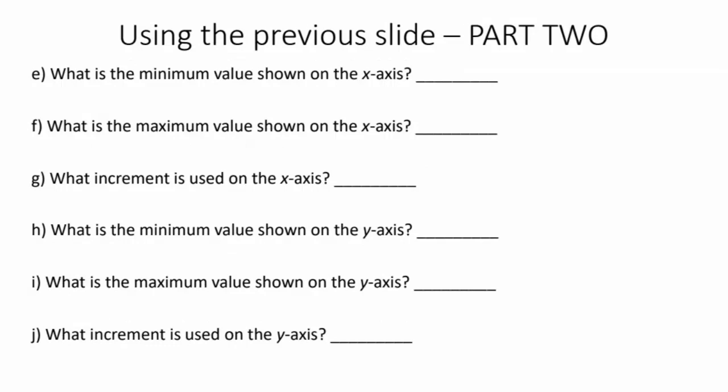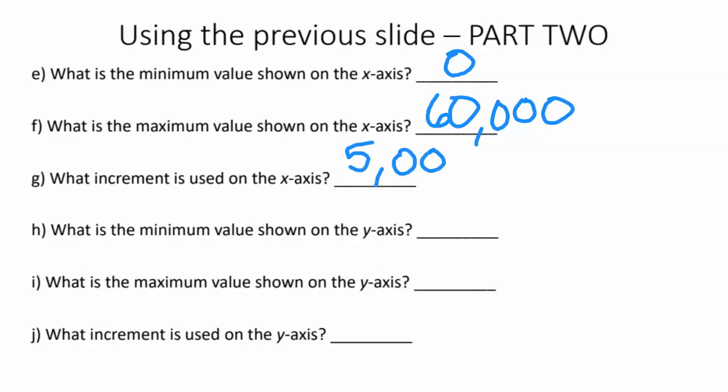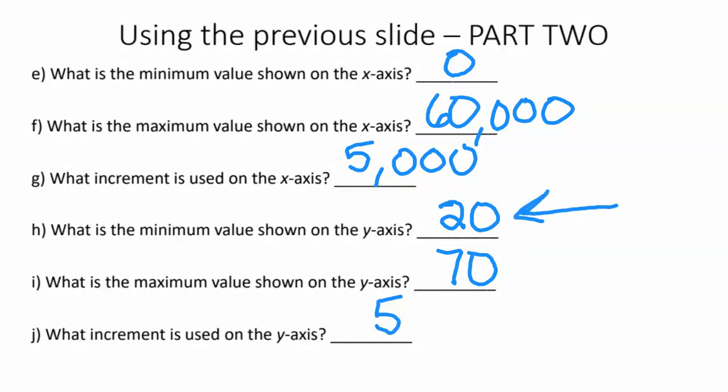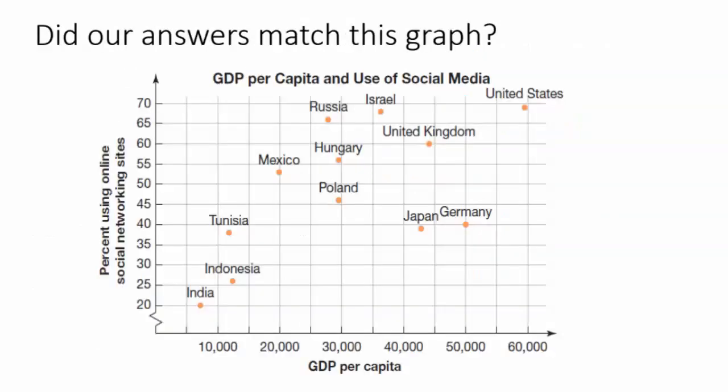As we said, this was 0 to 60,000, and we did it by fives. Now, remember I said I prefer 0? Pearson did 20 to 70, and they did it by fives. This is the graph you see here.